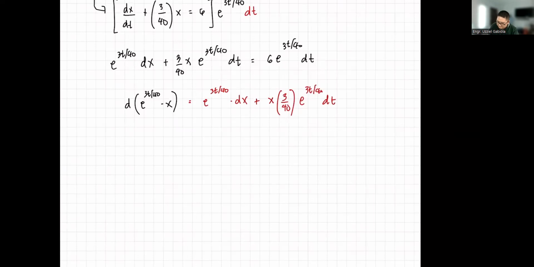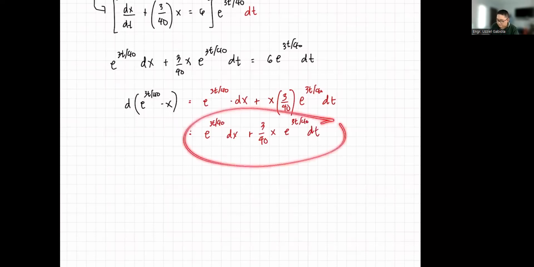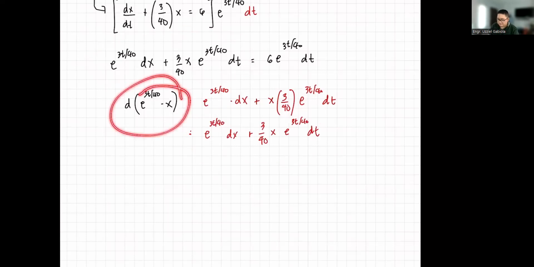Pag sinimplify natin, e^(3t/40) dx plus 3 over 40 x e^(3t/40) dt. That is the same nito. Okay? So that is an exact differential.